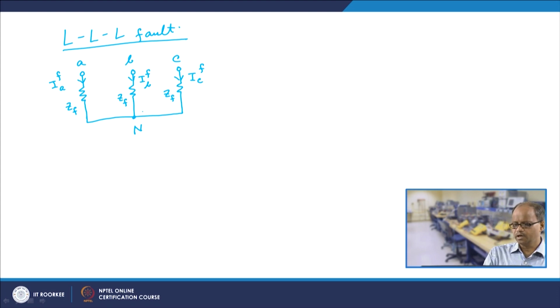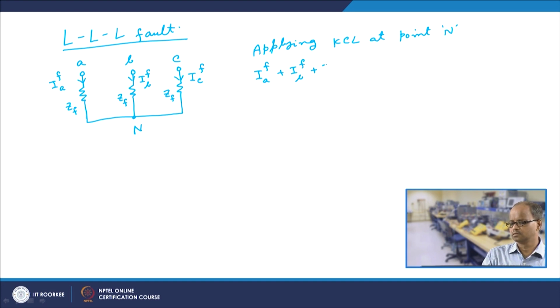Applying KCL at point N, we get IAF plus IBF plus ICF is equal to 0.